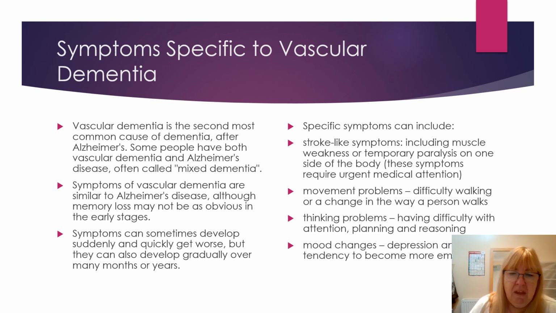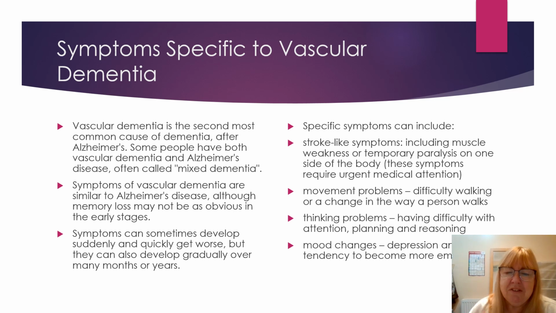Vascular dementia symptoms can sometimes develop quite suddenly and quickly get worse, and that might be because of the effects of a stroke. So if you have quite a severe stroke, it can just happen out of the blue, whereas Alzheimer's is definitely a slow progression. But just to be difficult, they can also develop gradually, like Alzheimer's as well.